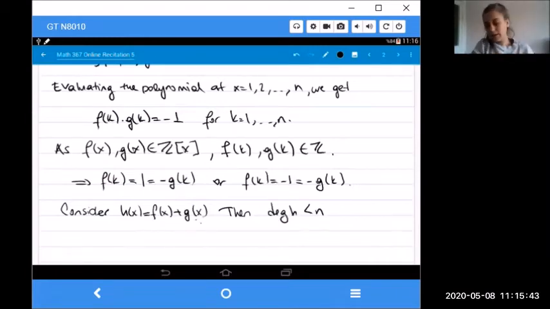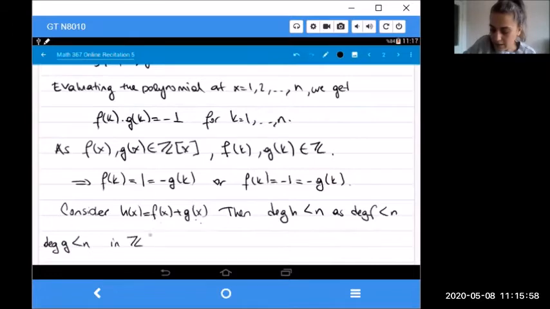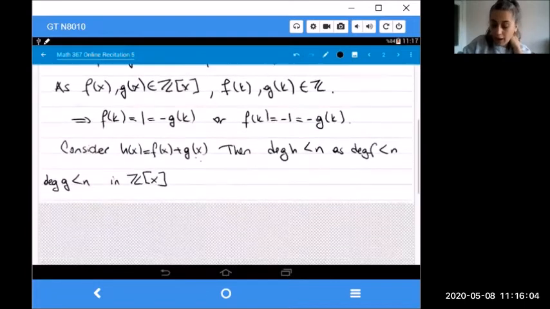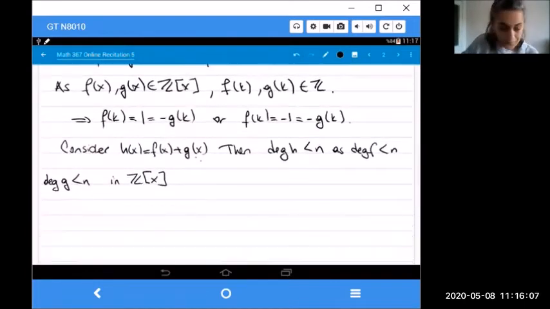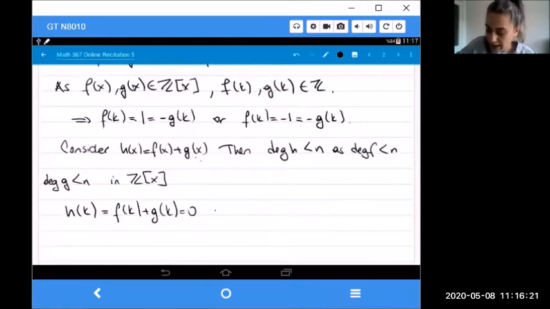But if we evaluate h at k, for k from 1 up to n, we have f of k plus g of k equal to 0.